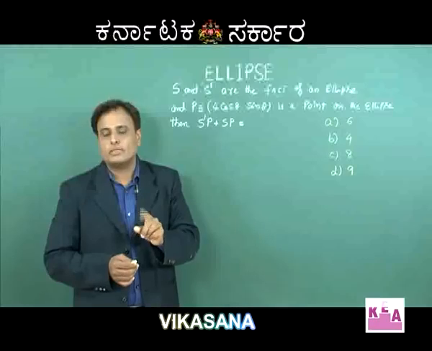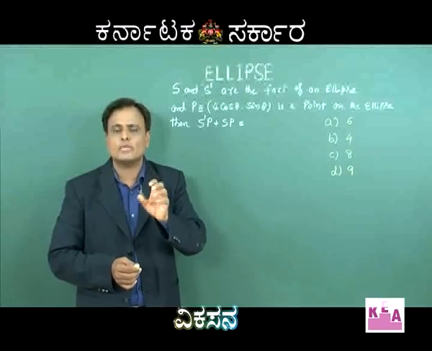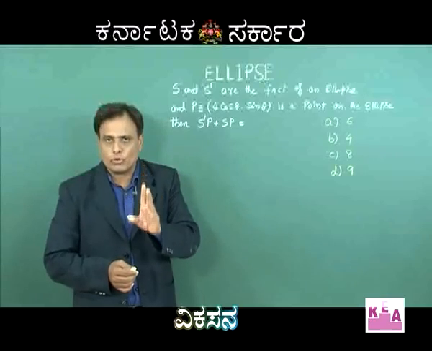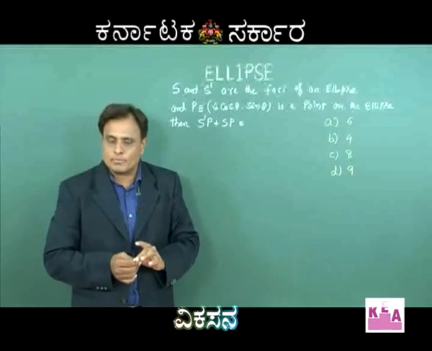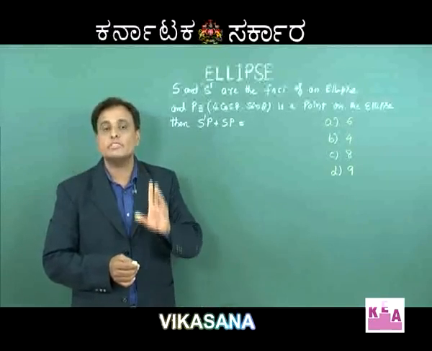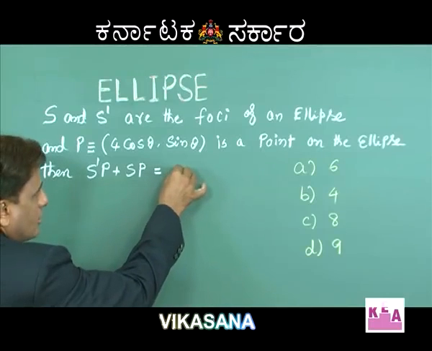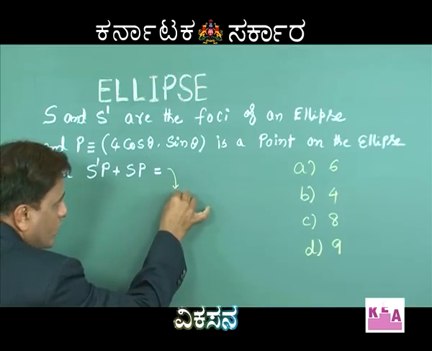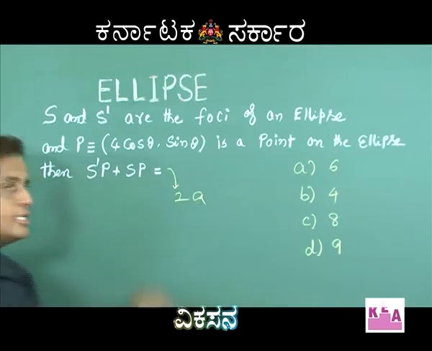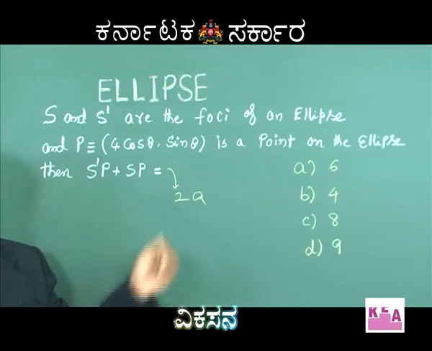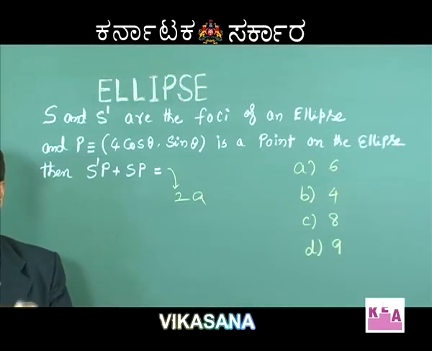Please note down this simple rule: the sum of the focal distances in an ellipse is always equal to 2a, which is equal to the length of the major axis.